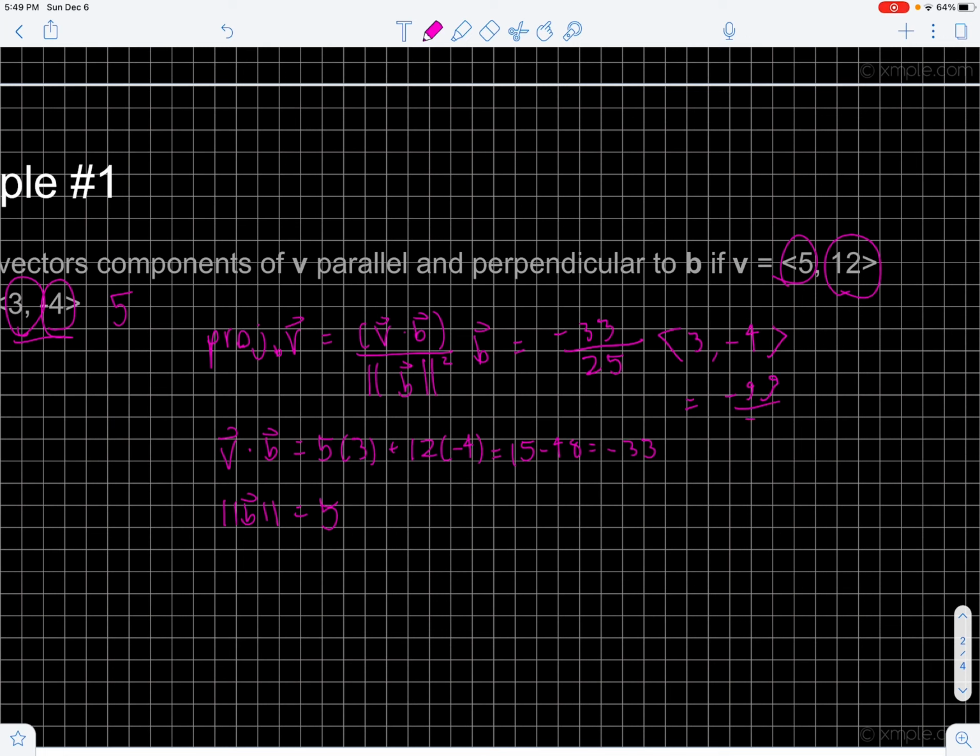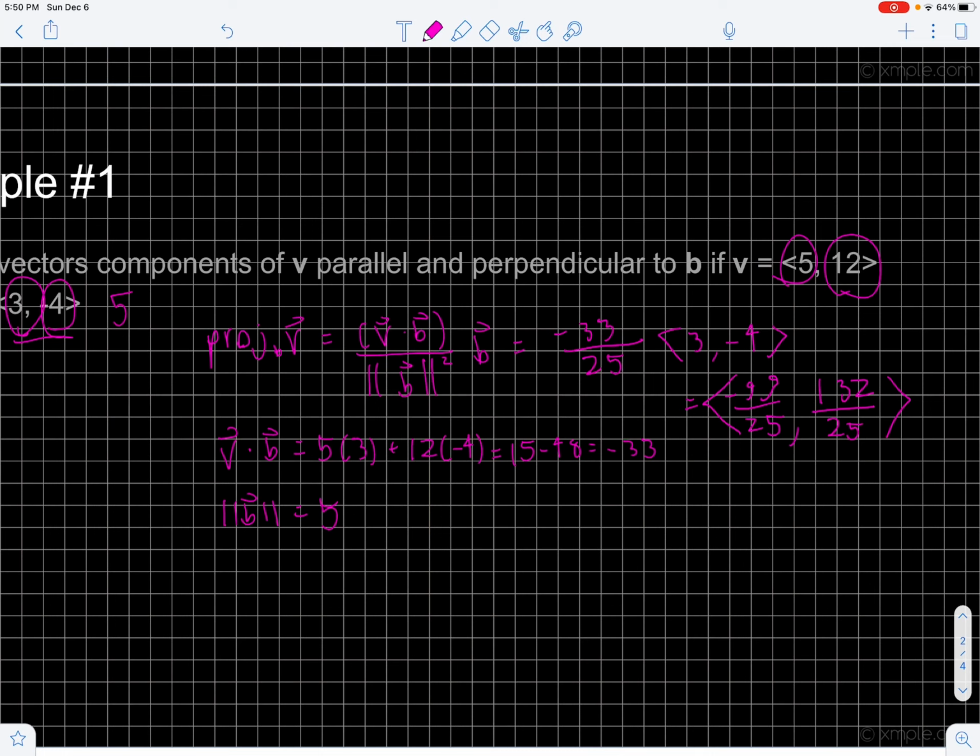And that gives us negative 99 over 25, and plus 33 times 4 is 132, over 25.